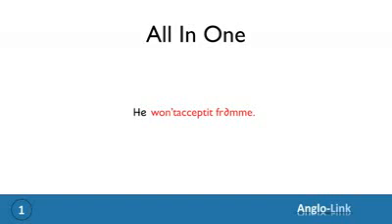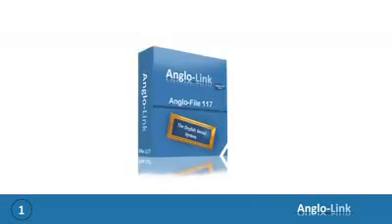Now, if you have never studied the English sound system, if you've never studied pronunciation on its own, I strongly recommend our Anglophile 117. In this Anglophile, you will have a complete list of all the vowels, of all the diphthongs, all the consonants in English that you can practice.